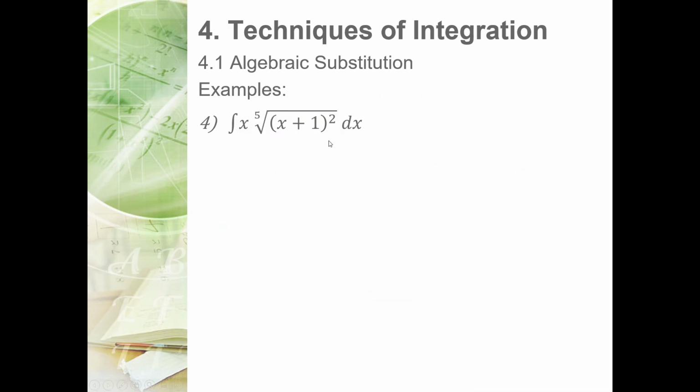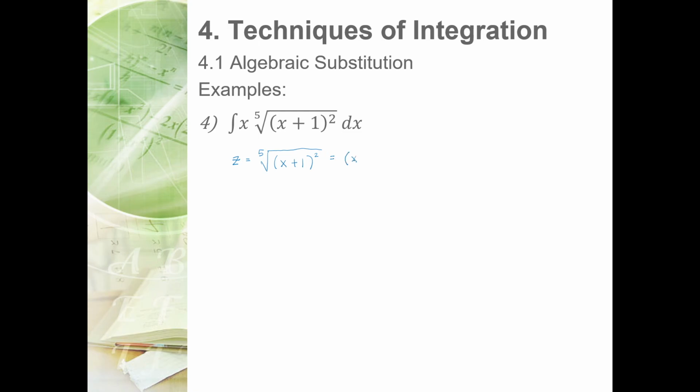Number 4 is the integral of x times the fifth root of x plus 1 squared dx. Again, our declaration for the z variable is the radical expression, the fifth root of x plus 1 squared. You may write it in exponential format for you not to be confused.